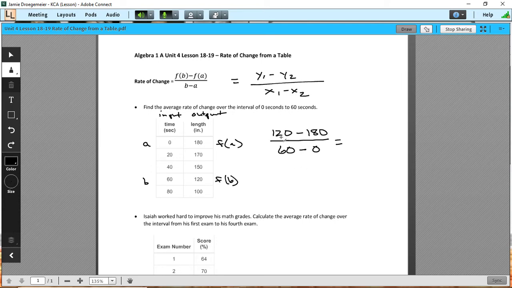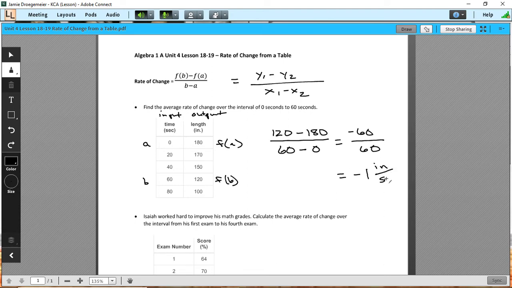So 120 minus 180, that's negative 60. 60 minus 0, that's 60. And so if we do that division, negative 60 divided by positive 60, that's going to simplify to negative 1.